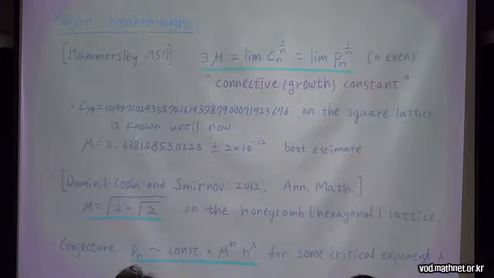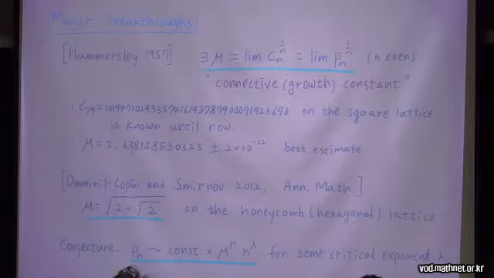Here are several major breakthroughs. The first, in the 1950s, Hammersley proved the existence of the limit of Cn to the 1/nth power, and also the existence of the limit of Pn to the 1/nth power. They are called the connective constant mu.